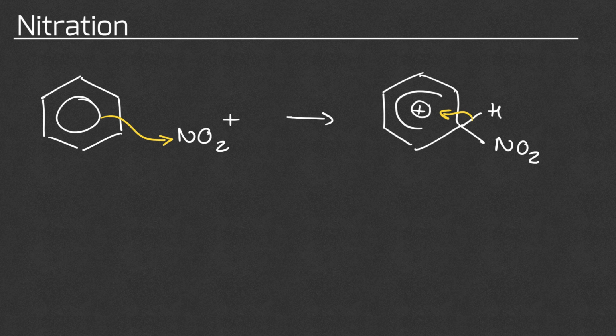And finally, losing the hydrogen to reform the delocalized ring, giving us nitrobenzene, where we've substituted one of the hydrogens for a nitro group.